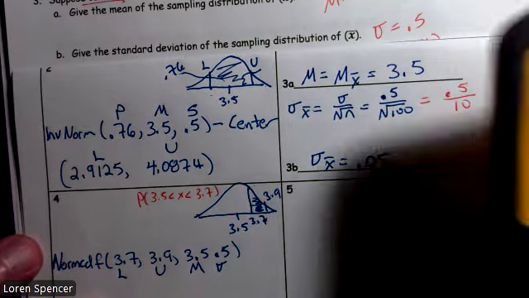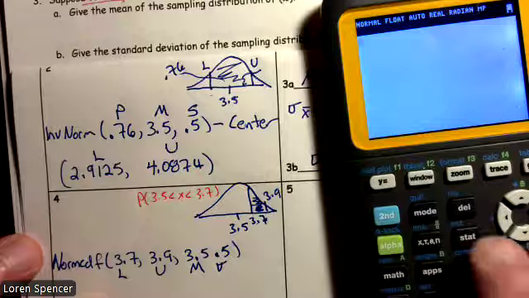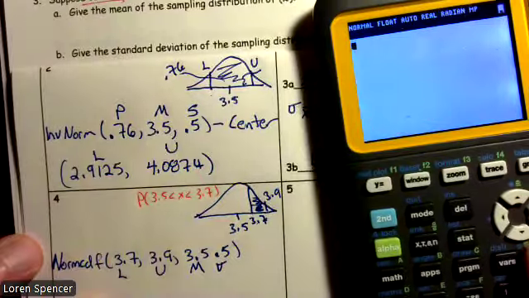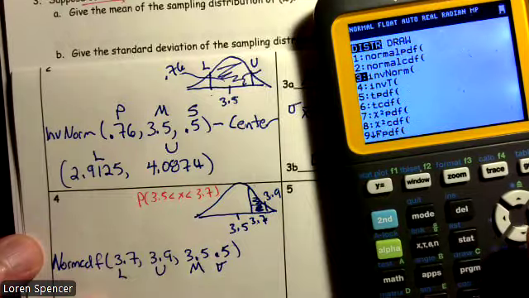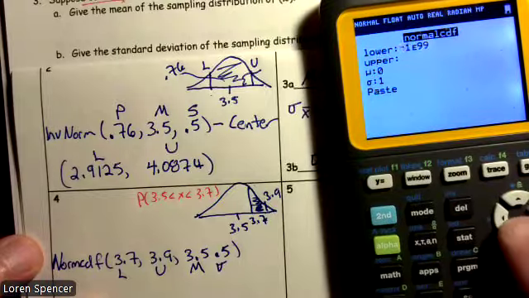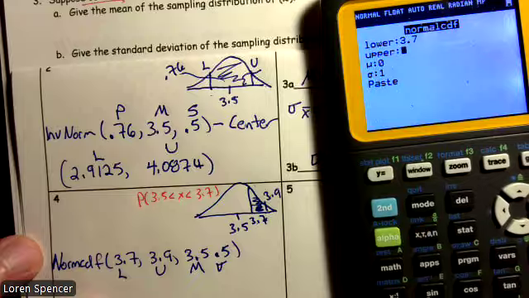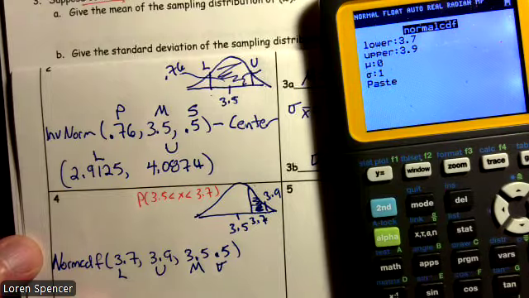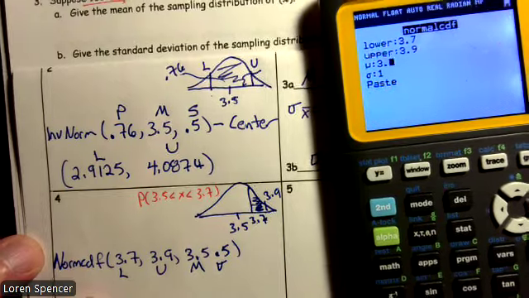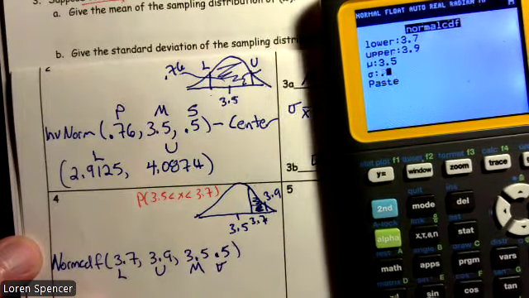So now we're going to drop this in the calculator. Stat, second vars, normal CDF, lower bound, 3.7, upper bound, 3.9, mean, we had a 3.5, standard deviation, 0.5.